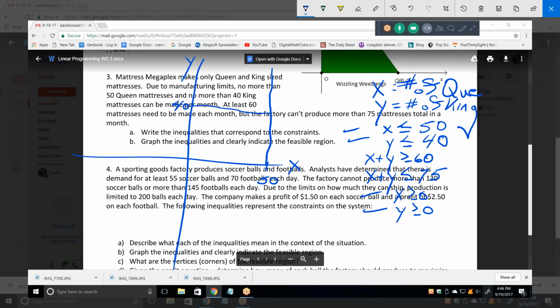Okay. Now, as we know, we're going to wonder about intercepts, but we have to know which side to shade it on. So let's solve that for y. Y greater than what?